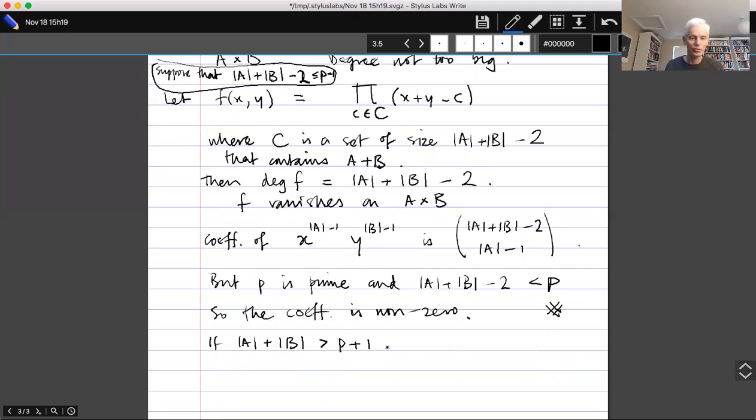But if A plus B has size at least p plus 1, then for any x, we get that the size of A intersects x minus B. Those are two sets whose sizes add up to more than p. So let's say that this set is not empty.